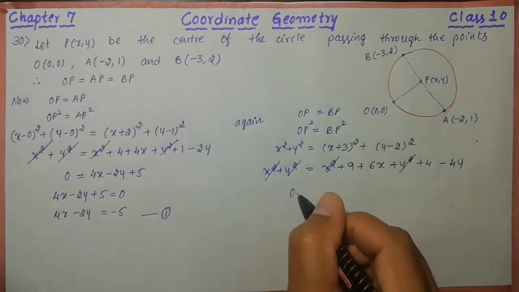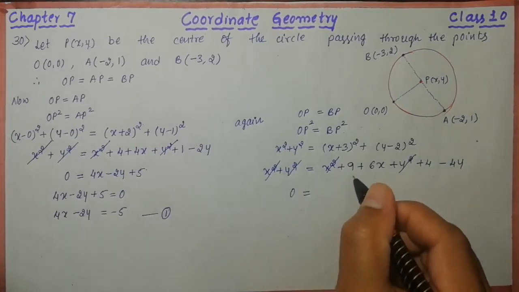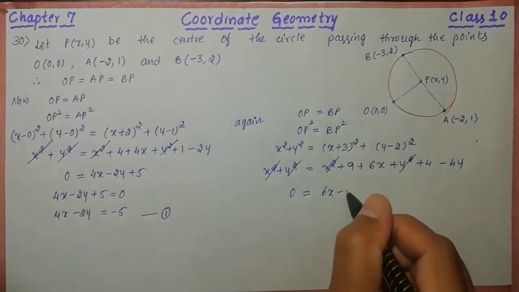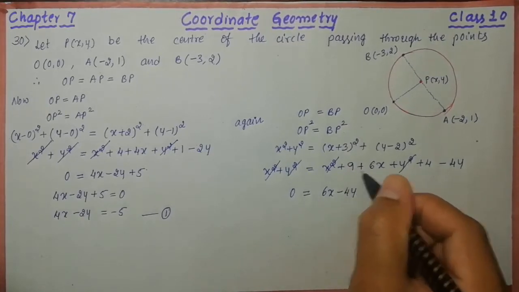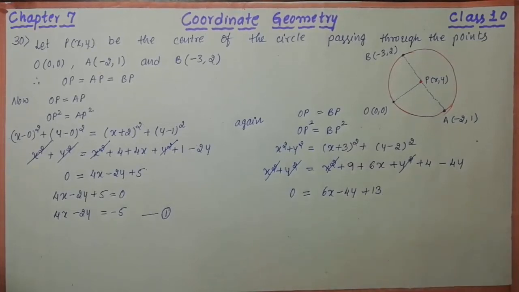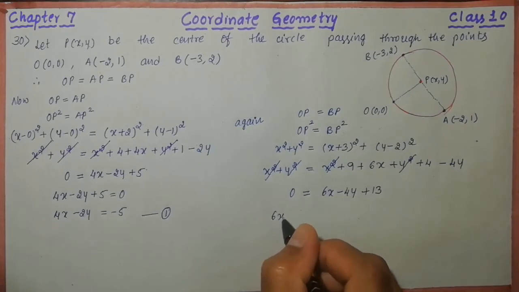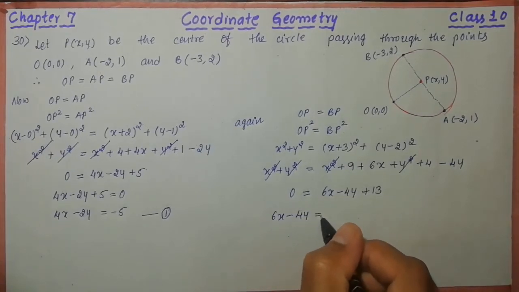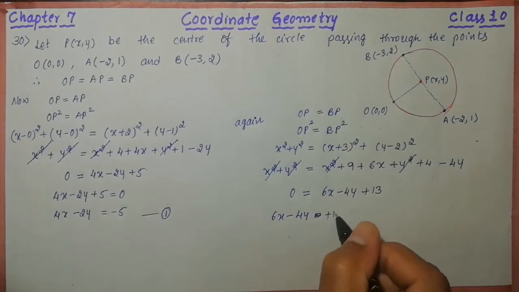On the left hand side 0 is remaining. So now look at it. First write 6x, and then here minus 4y, and then 9 plus 4, it will become how much? 13. Okay, so now I am going to rewrite this one. So like this, 6x minus 4y plus 13 is equal to 0.